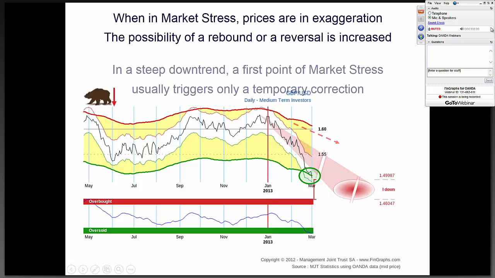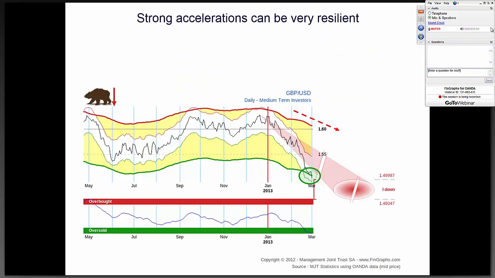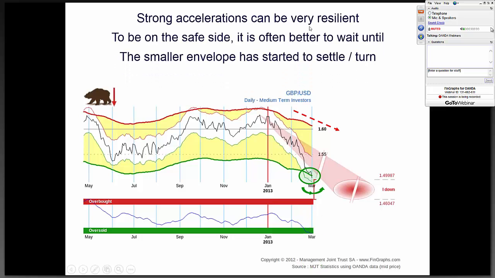In a steep downtrend, a first point of market stress usually triggers only a temporary correction. It will take more than one market stress to actually turn a trend. They will mark a first temporary correction, a temporary exaggeration. Strong accelerations can be very resilient. To be on the safe side, it is often better to wait until the small envelope has started to settle or turn.